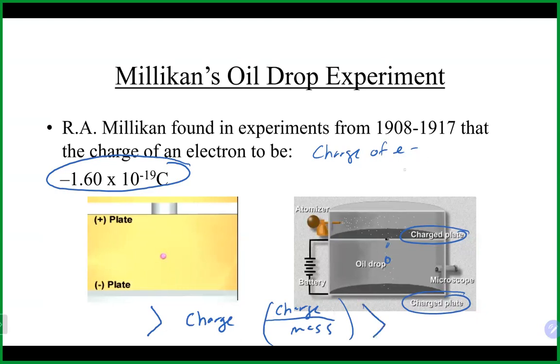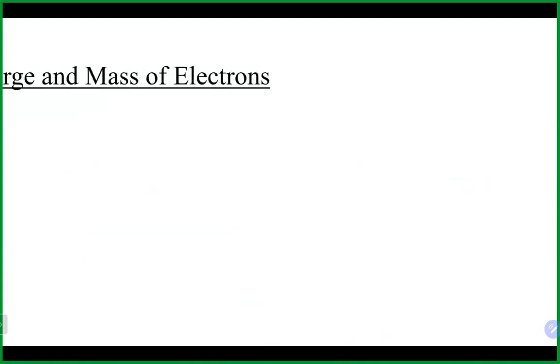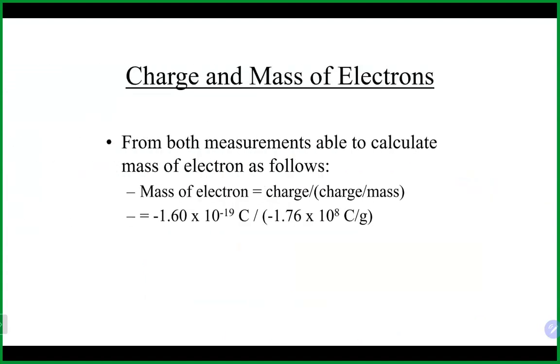If we take the charge of an electron divided by the charge to mass of an electron, they were able to put together the mass of an electron using the results of these two experiments, as one had the charge to mass and the other had the charge of an electron. Doing those calculations, we get the mass of an electron, which is 9.09 times 10 to the minus 28 grams.